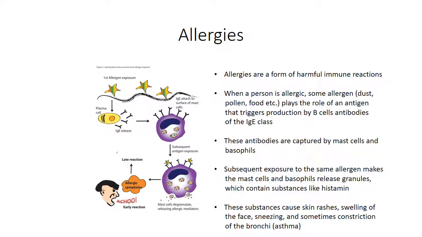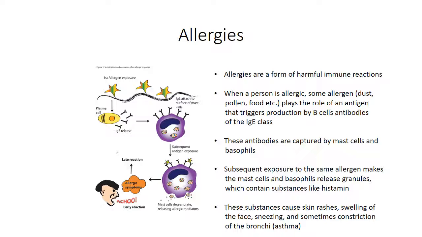And you see here, antibodies are sticking out from a cell that is called mast cell, right? Or also from a cell that is called basophil. It's not shown here. There are two kinds of cells that can capture IgE, mast cells and basophils.